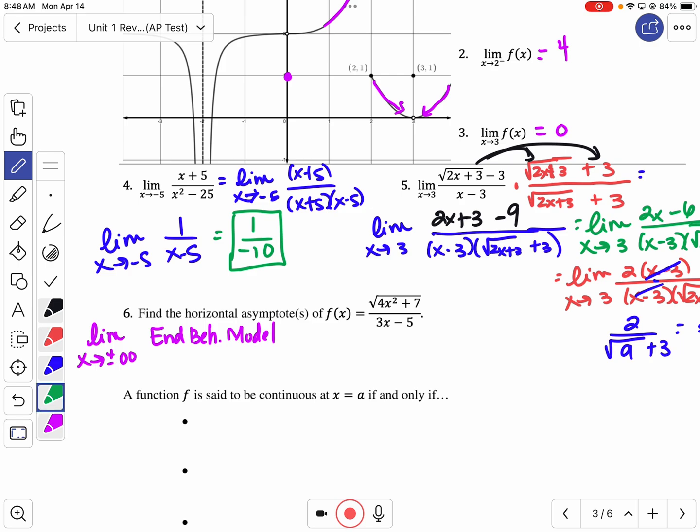So horizontal asymptotes, limit as x approaches infinity of the end behavior model. So let's be careful right here. Let's pick out our end behavior model.